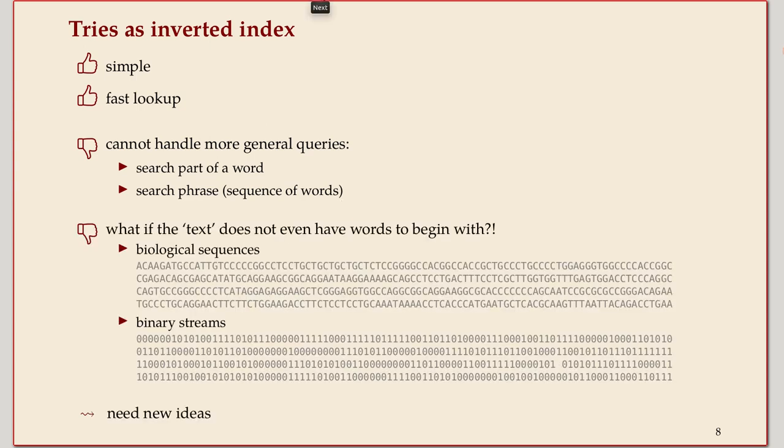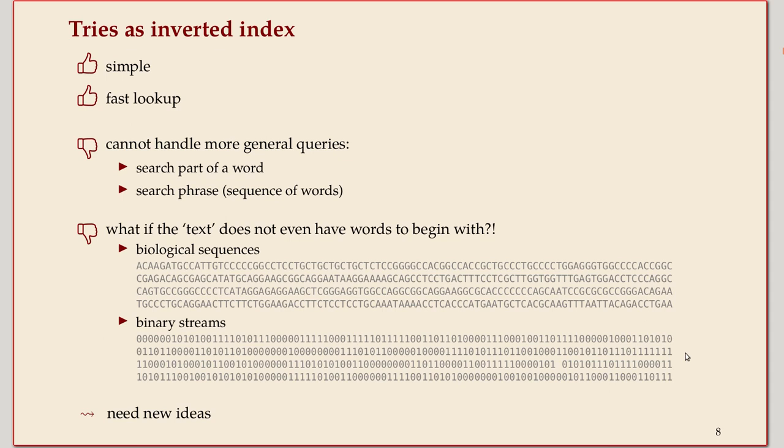And a second problem is there are texts out there, I mentioned that last time, that don't have a notion of words to start with. So if you have DNA sequences or just some binary stream, wherever it comes from, how should you define a word for these inverted indices?